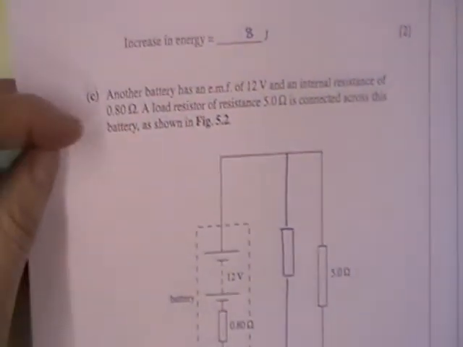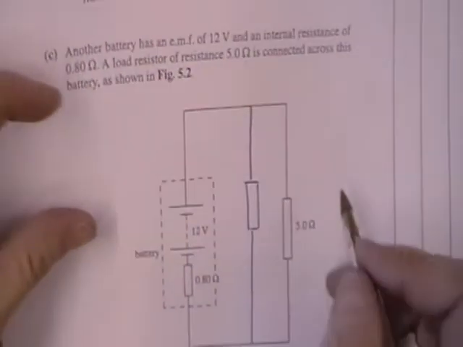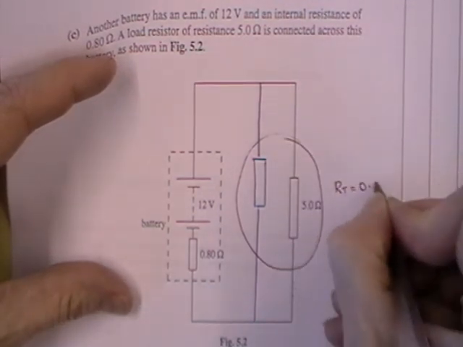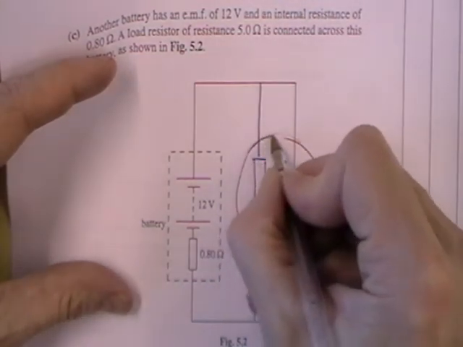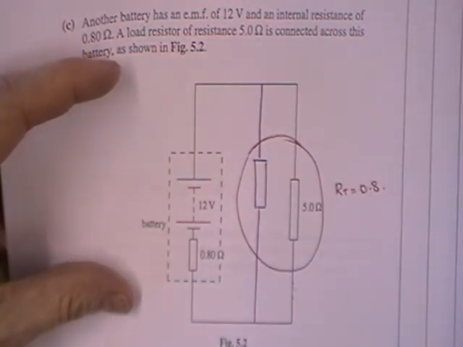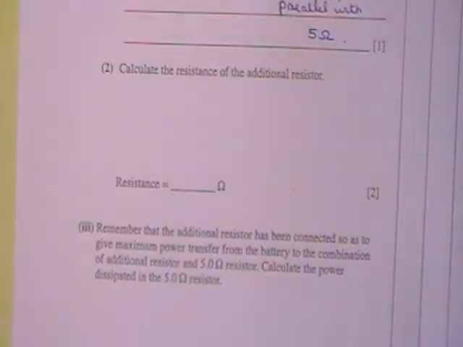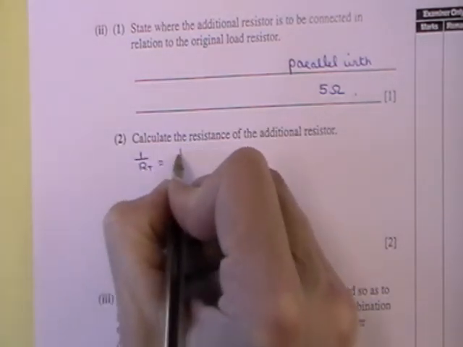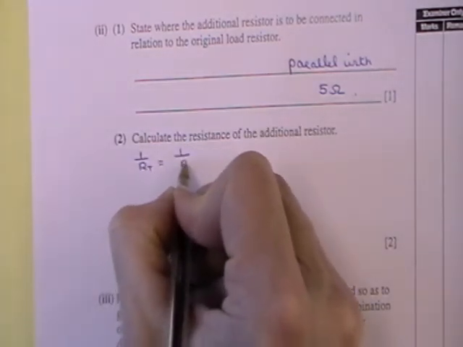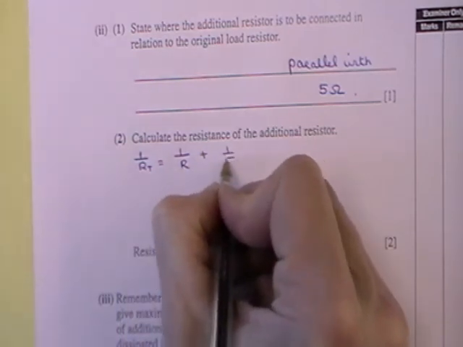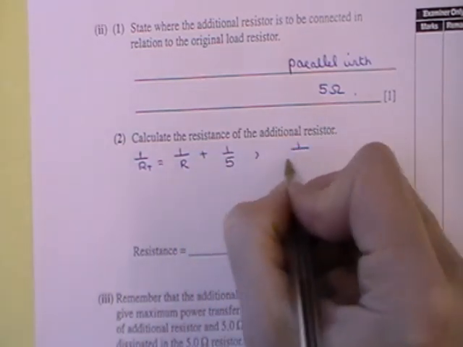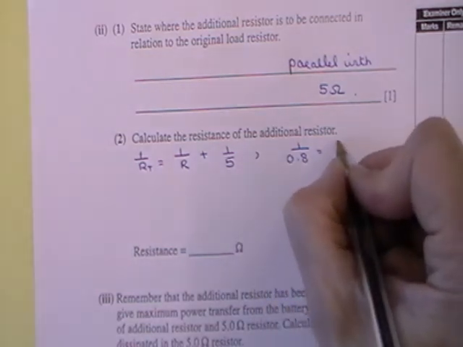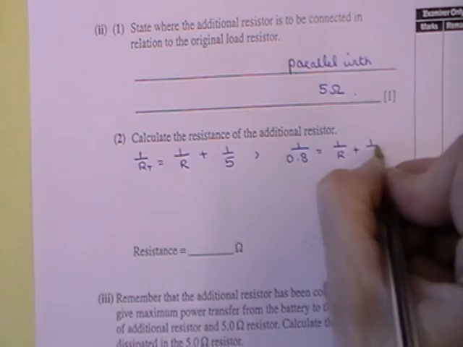So we know that this whole thing here has to give us a total resistance of 0.8 ohms. And therefore we're going to do our calculation as if we were adding up our resistors in parallel. So 1 over the total resistance is equal to 1 over the R that we don't know, plus 1 over 5. Therefore that's 1 over 0.8 is equal to 1 over R plus 1 over 5.